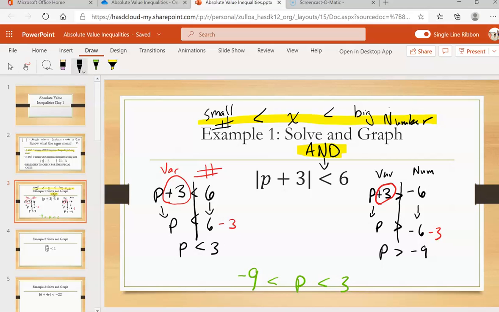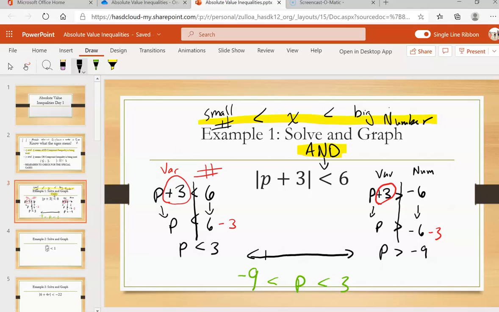They also ask you to graph. When you're graphing inequalities, oops, this is a +3, so I have to, let me just fix this. I didn't realize.